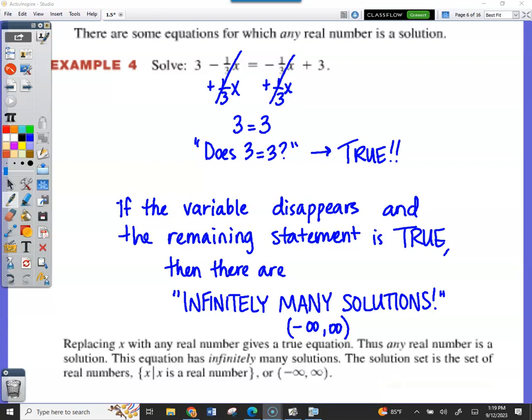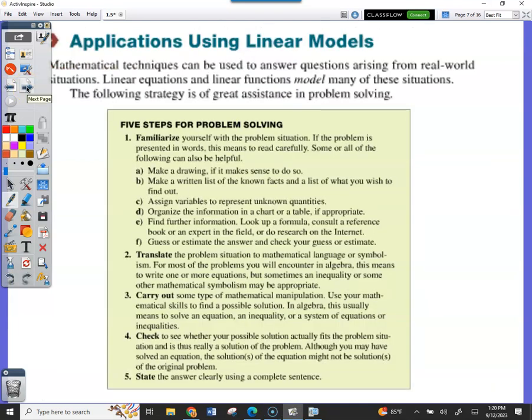Okay. So we've covered the 2 special case scenarios. By the way, those are the only 2. There's no extra special case. It's either no real solution or infinite solutions, or there is an answer and it's a single solution. Go to this slide right here. The purpose of this slide is to help you in reading word problems and formulating a plan to be able to solve them.